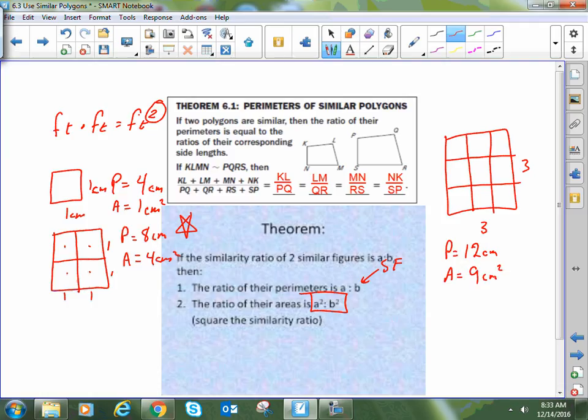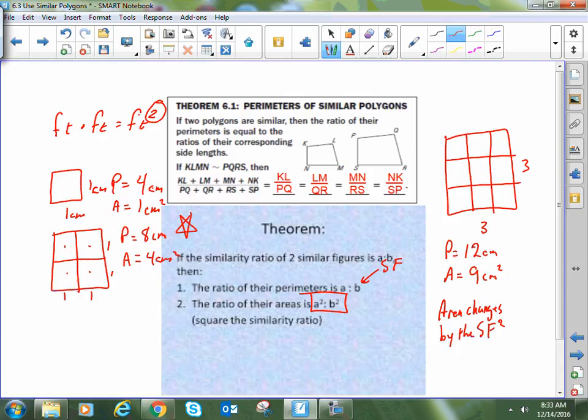So if I triple the dimensions from the original one, the perimeter also triples. 4 times 3 is 12. But 1 times 3 is not 9. So what we're seeing here is that area changes by whatever the scale factor is squared.